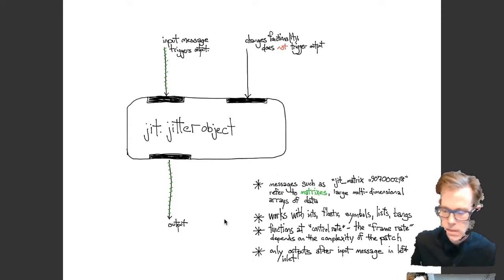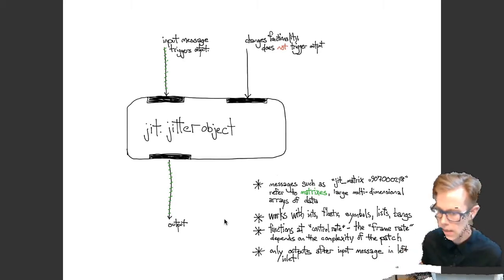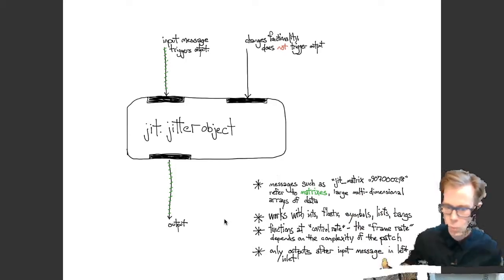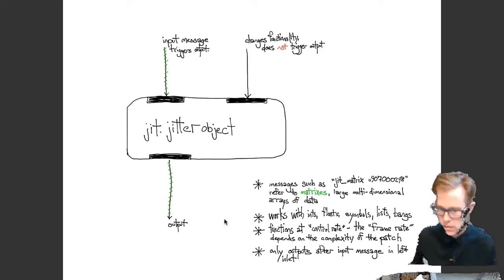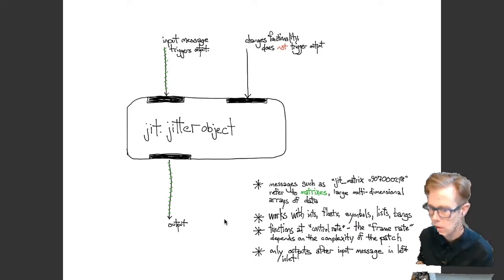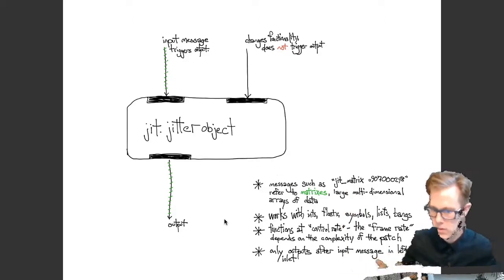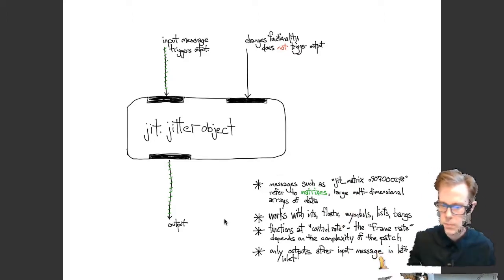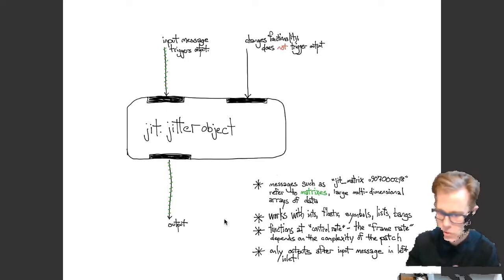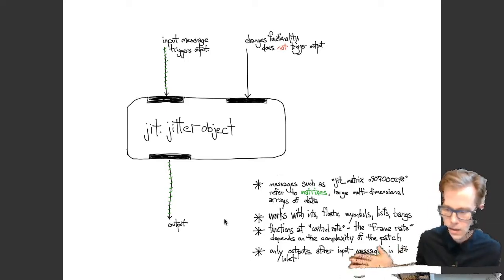A matrix is a large multi-dimensional array of data. When we're working with video signals, that means it's an array of color values. So you're going to have an X, Y matrix of data, and inside of that matrix you have all this red, green, blue color information, which when you sum it all up together looks like a picture. And when you provide lots of pictures one after the other, you have video.